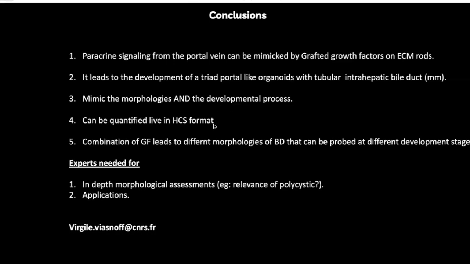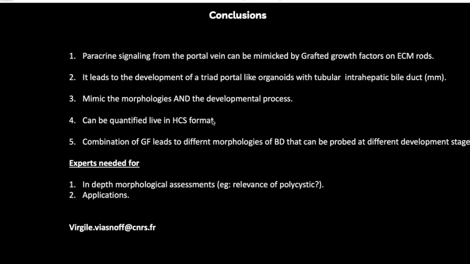We can image all these systems and quantify them in HCS format due to the OCT system, which is really nice. And I think that's something to keep in mind as a technique to image any sort of luminal structure inside organoids. And pretty much there are luminal structures in every epithelial organoid, including intestine, gastric, pancreatic, and so on.